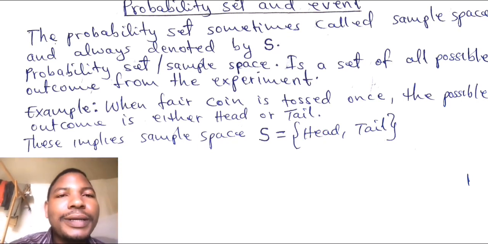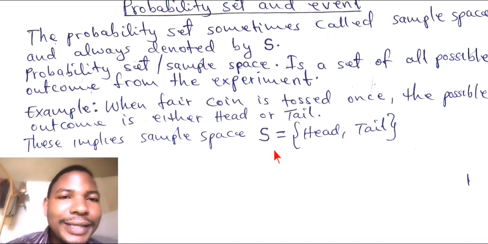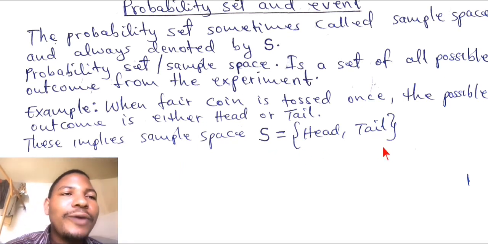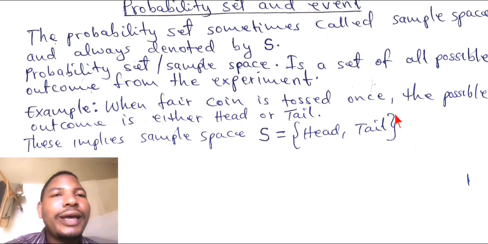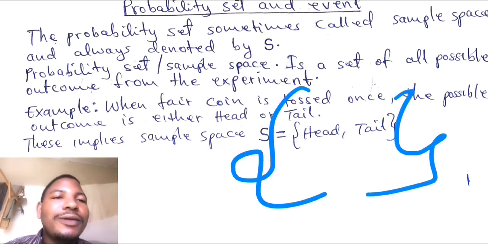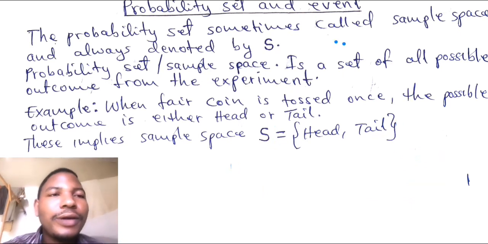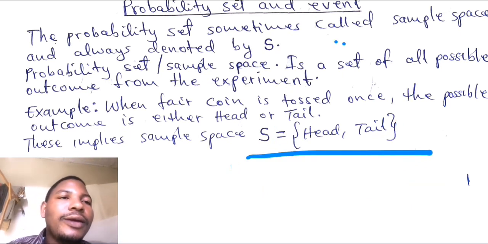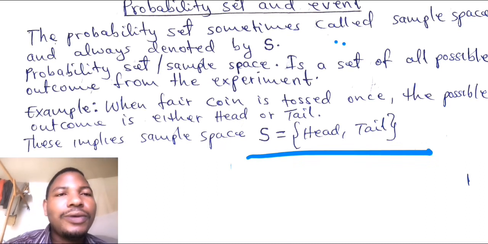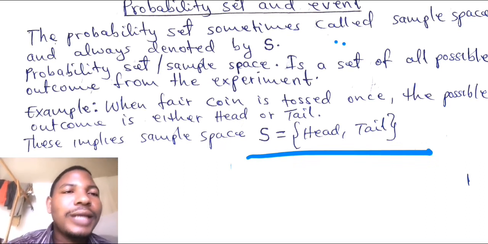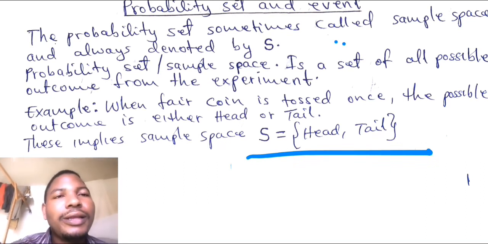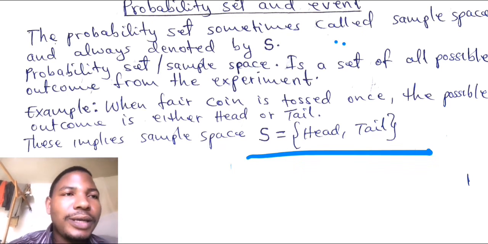That's why the probability set or sample space S will be equal to {head, tail}. As you see here, it is supposed to be written in set form like this. Because the coin has only two sides, head and tail, its probability set is {head, tail}.